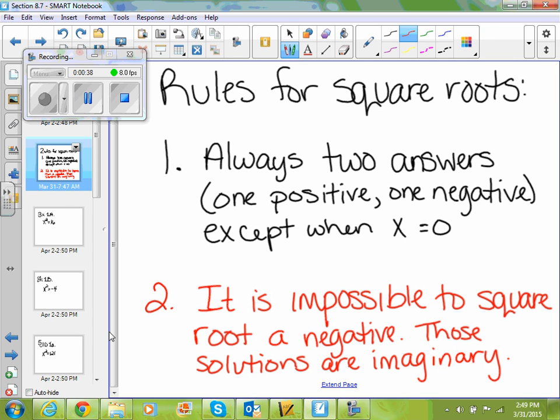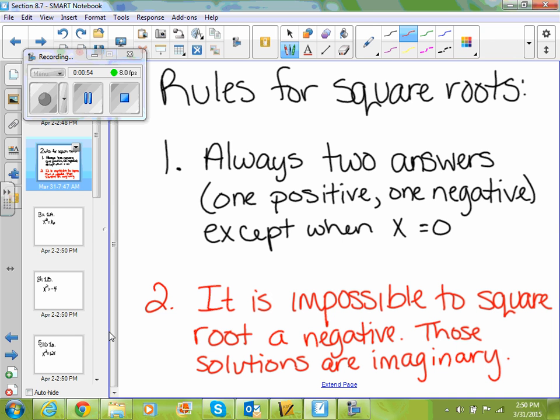The first rule for square roots is that you're always going to have two answers, one that's positive, one that's negative, except when x equals 0. And the second is that it's impossible to square root a negative.